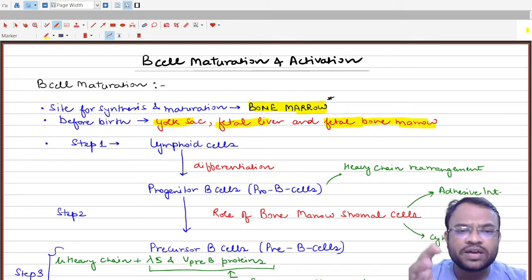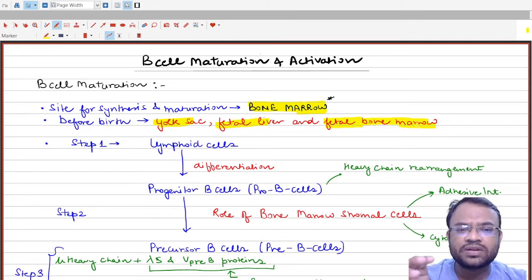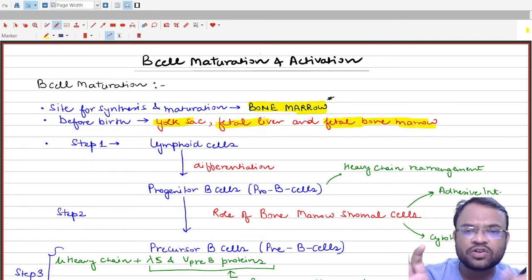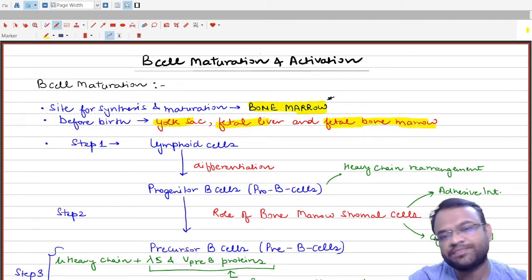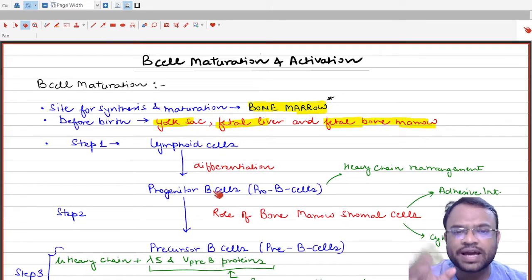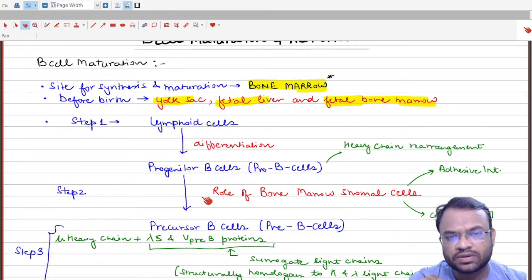What do we mean by fetal liver or fetal bone marrow? It means that the liver of the small fetus, or the bone marrow of the fetus, actually synthesizes the B cells. Now let us talk about the mechanism through which the development or maturation of B cells takes place.